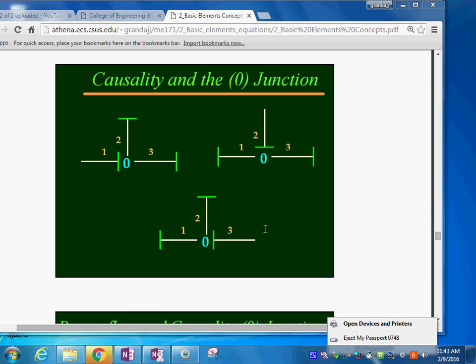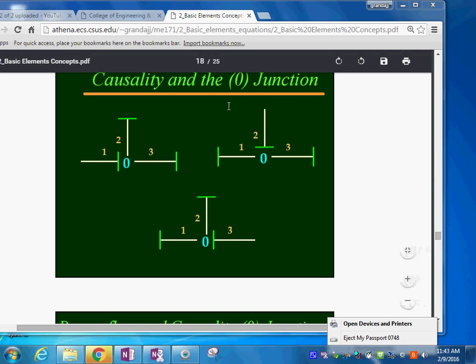Go back here, power flow and zero junction charts, the first one. So in conclusion, we can have the zero junctions with all the efforts being the same, but the summation would have to be on the flow side.